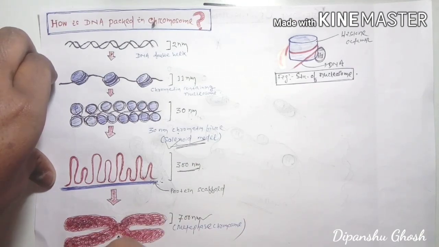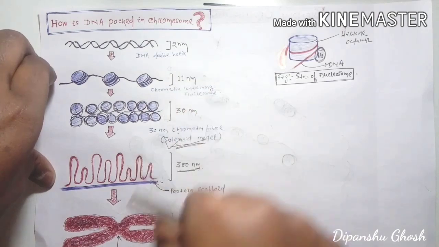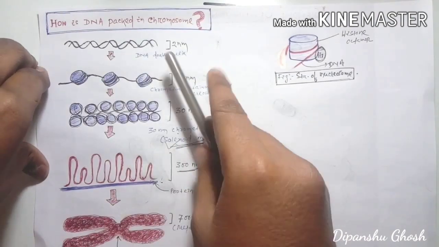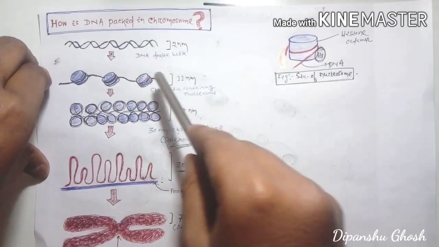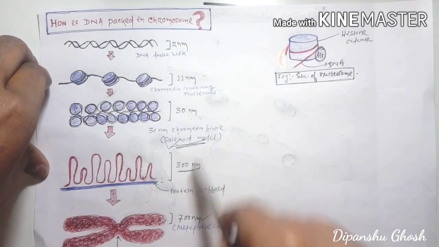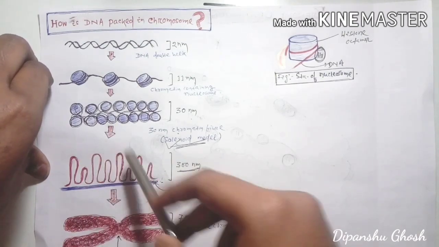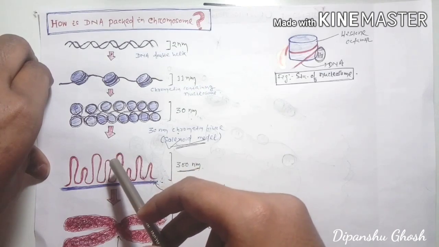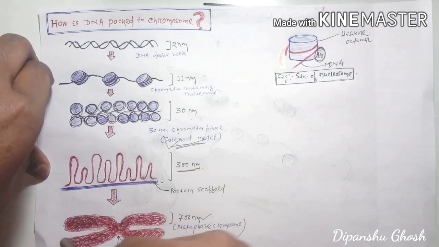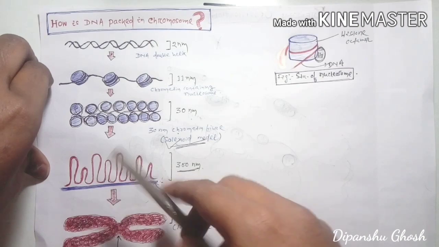This is your metaphase chromosome. Okay, so this is how the DNA gets condensed each time, and finally it is condensed to form your metaphase chromosome. This is the chromosome we are talking about, right?